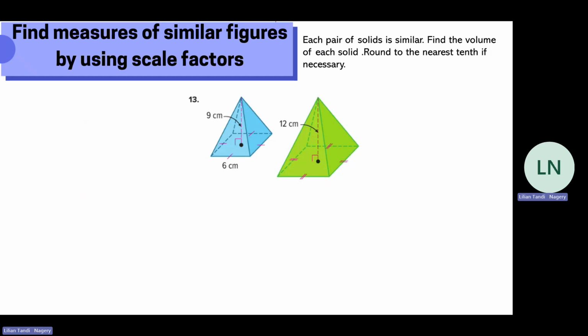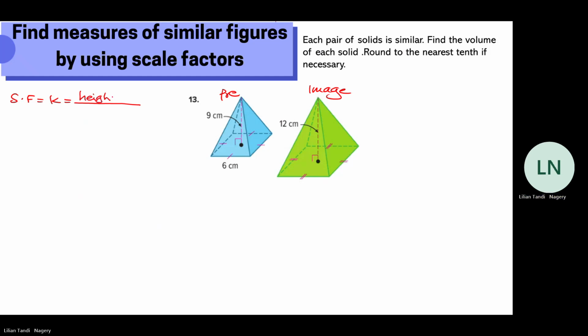Okay. Now we have a pyramid. So I have all the values of the blue shape. So this is my pre-image, and this is my image. So I can start by doing scale factor. Scale factor equals K, which equals, what part do I have? I have height.